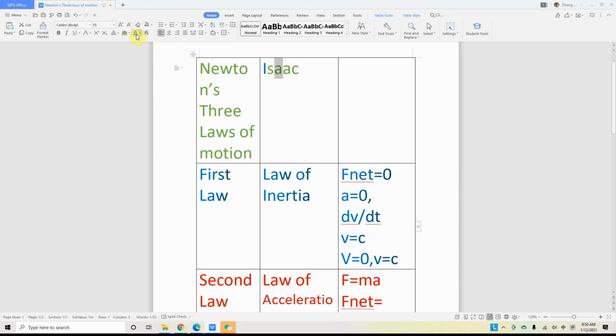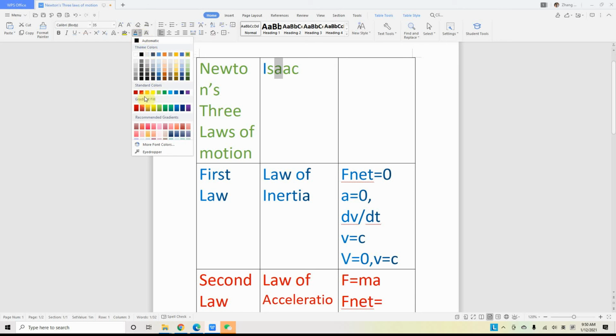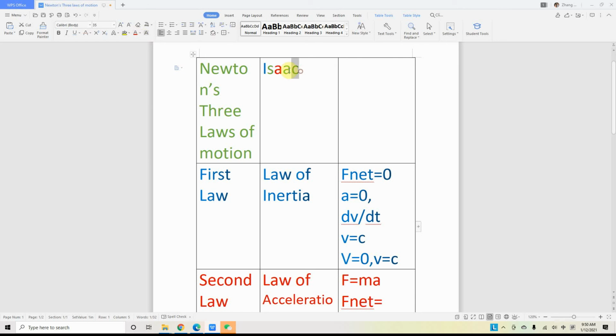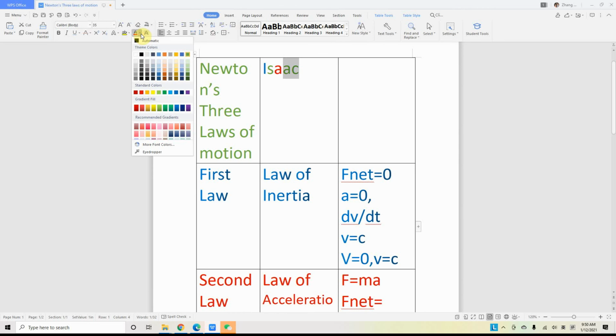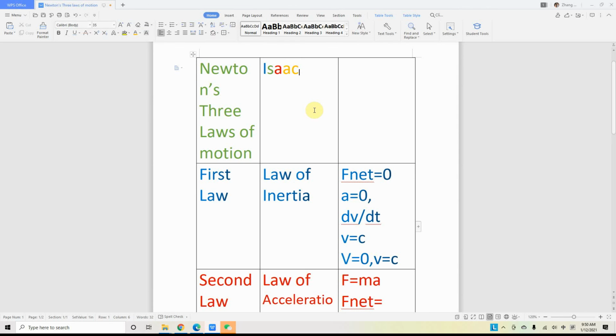And the first A means acceleration, and the last AC means action reaction. Inertia, acceleration, and action reaction. These three names actually spell Isaac's first name. Isn't that cool? And this fact was discovered by teacher Ming, Ming Zhang, like 6 years ago, actually.